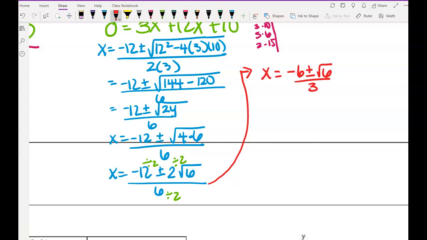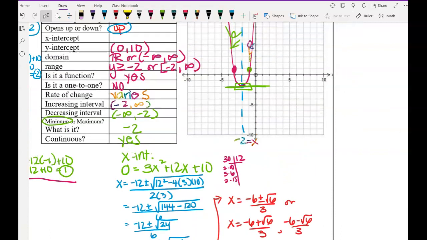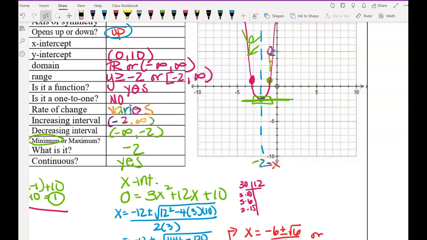So here are the 2 x-intercepts. Sometimes we make a list if we really wanted to, like this, right? Negative 6 plus rad 6 all over 3, comma, negative 6 minus rad 6 all over 3. Those are the x-intercepts, but we have to write it back with ordered pairs. So you can do a plus or minus, or you can just keep it as a list.